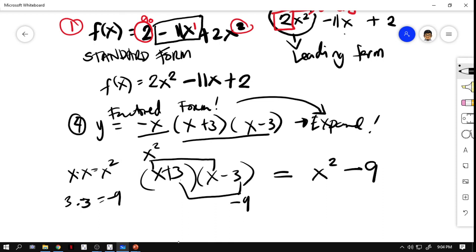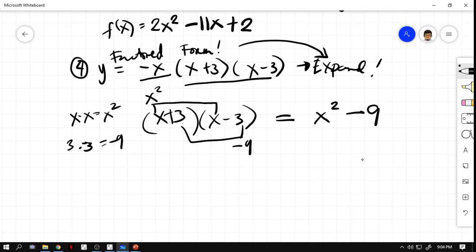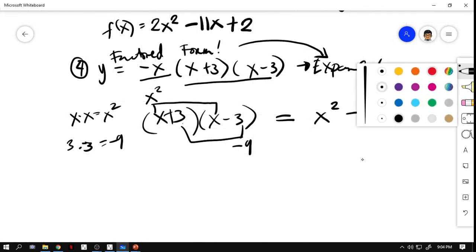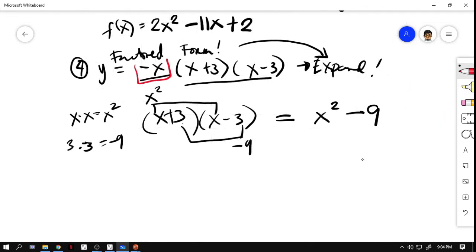Okay? And then, we still have negative x. Yung natitira nating negative x dito. So, we have negative x times x squared minus 9. And you just simply need to distribute negative x to all the terms. So, negative x times x squared. Positive times negative, negative.